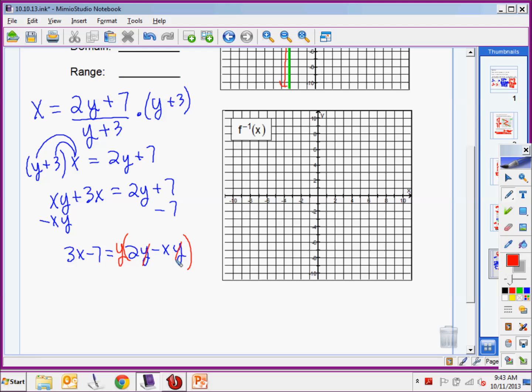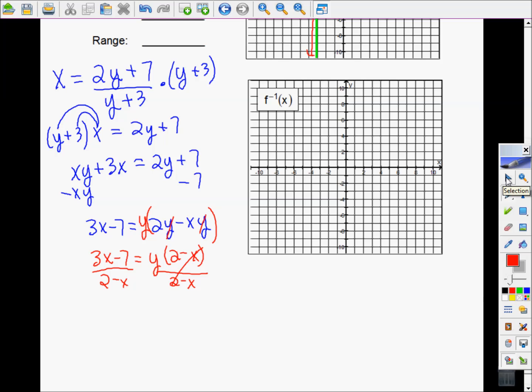So how do I move 2 minus x? Divide. So our new inverse is 3x minus 7 over 2 minus x. Beautiful.